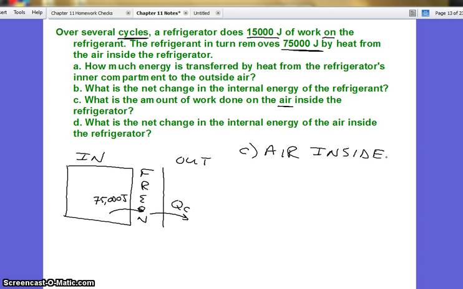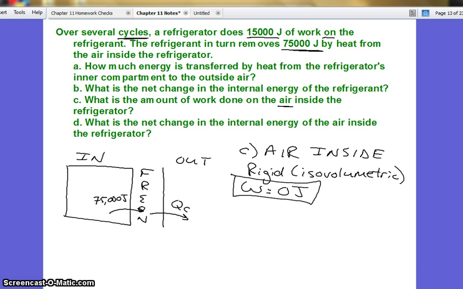And we see that the refrigerator is a rigid container. It's not going to change in volume. Since it's a rigid container, that means it is isovolumetric, or isochoric as it is often called. And therefore, the work is 0 joules. There is no work because of being a rigid container. The refrigerator air doesn't expand or get compressed itself.